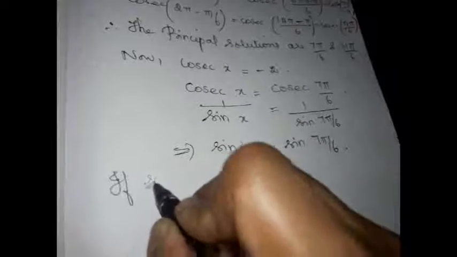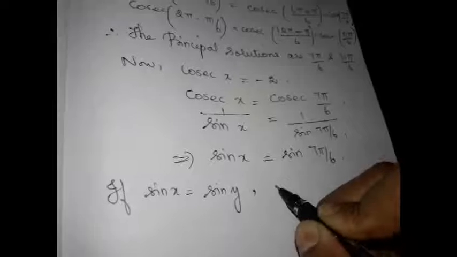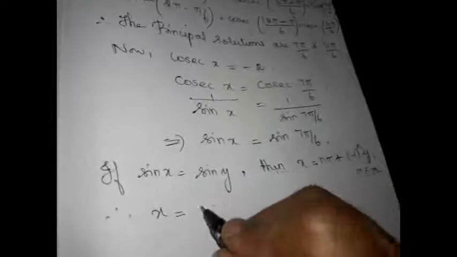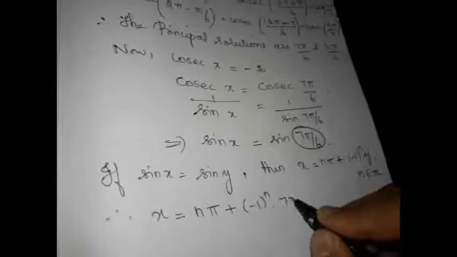So if sin x equal to sin y, then what is the value of x? x equal to n pi plus minus 1 the whole power n into y, where n belongs to Z. Therefore, x equal to n pi plus minus 1 the whole power n into, what is your y now? 7 pi by 6, where n belongs to Z.